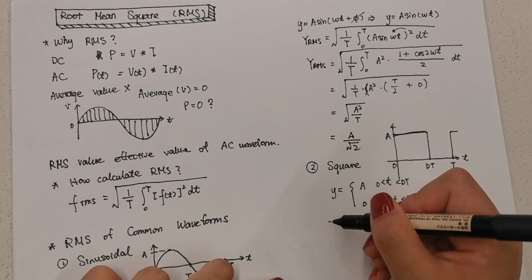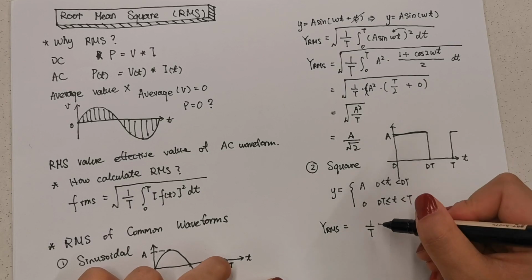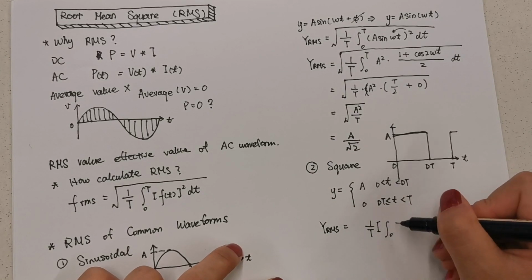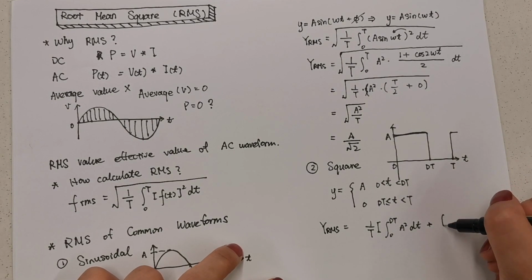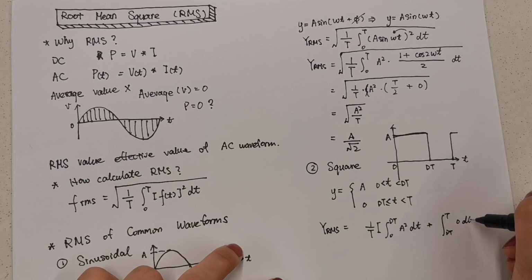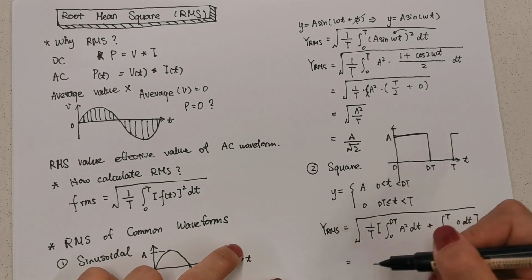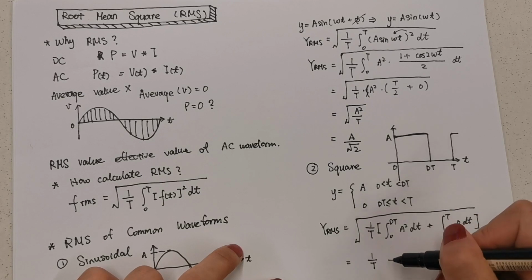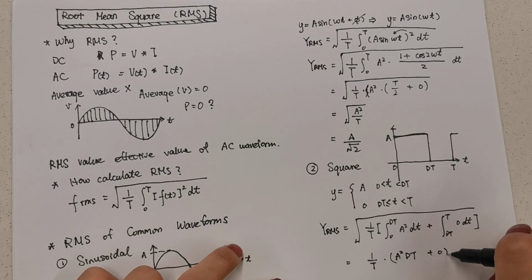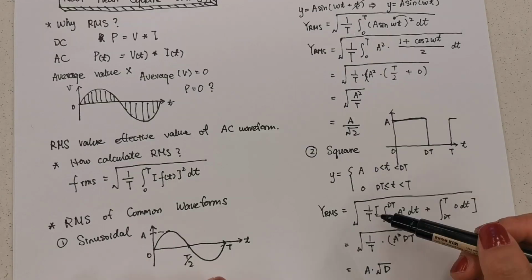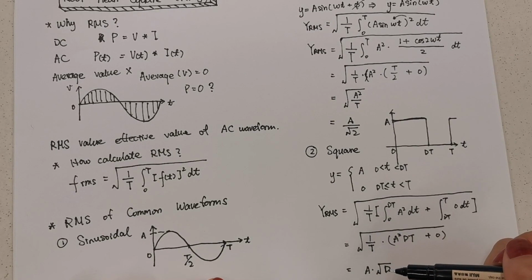What we get is y RMS equals the square root of 1 over T, integral from 0 to DT of A squared dt plus integral from DT to T of 0 dt, which is 1 over T times A squared DT plus 0. So for the square wave, the RMS value is A times the square root of D.